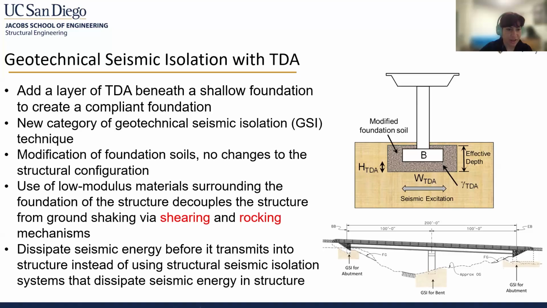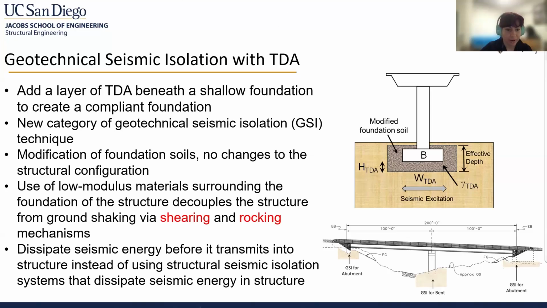And this is defined as a new category of geotechnical seismic isolation technique, as it does not change the structural configuration of the footing, foundation, or substructure, as it only modifies the foundation soils itself. The use of a low modulus material such as TDA surrounding the foundation of the structure effectively decouples the structure from ground shaking via shearing and rocking mechanisms.